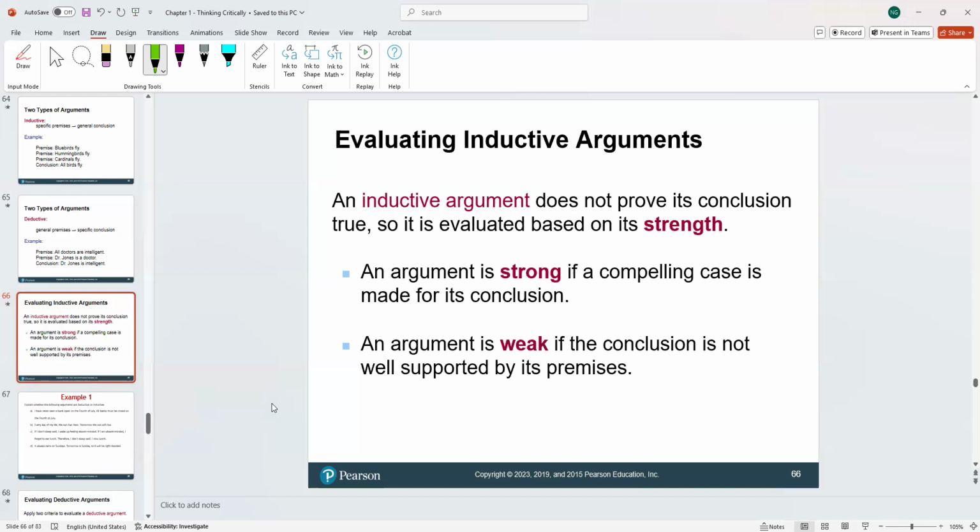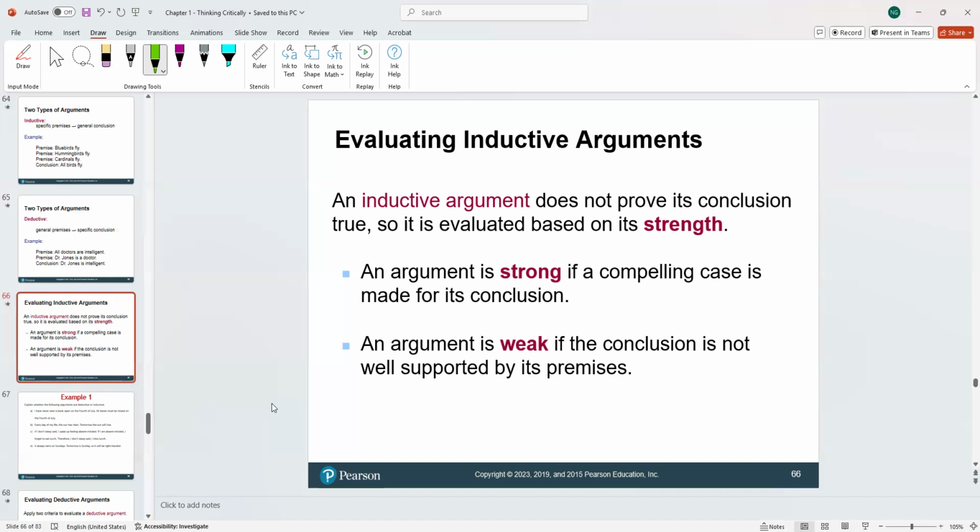So an argument is strong if it makes a compelling case for its conclusions. It is weak if its conclusion is not well supported by its premises. So we have a strong argument if it's a compelling case made for its conclusions, but it might also be weak.